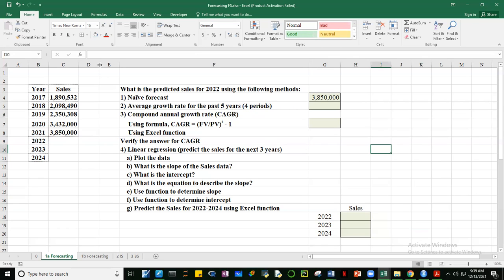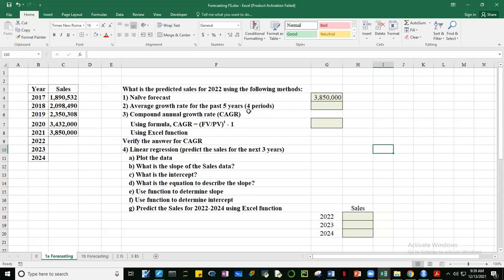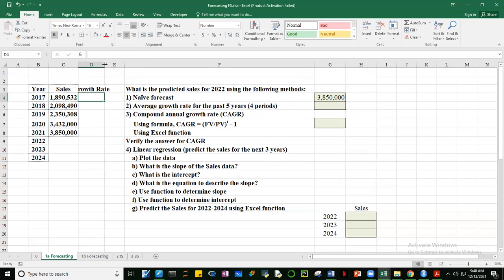Okay. So how do we compute for the forecasted sales if we're using the average growth rate for the past 4 periods? We have to first compute for the growth rate. So what will be our growth rate?